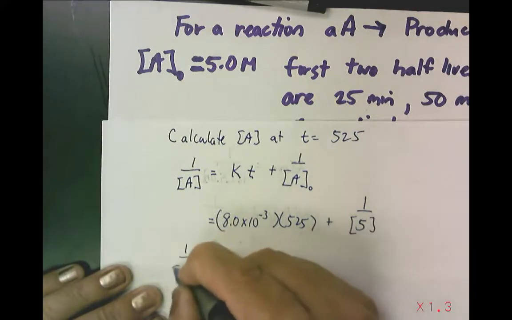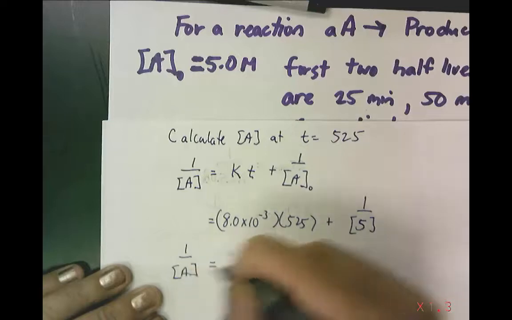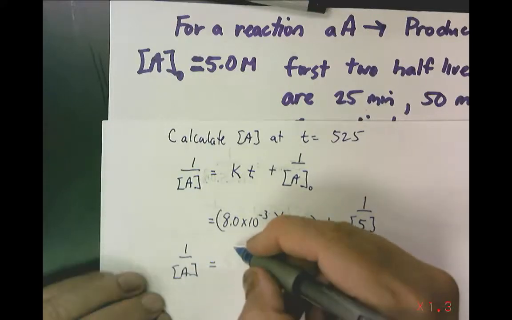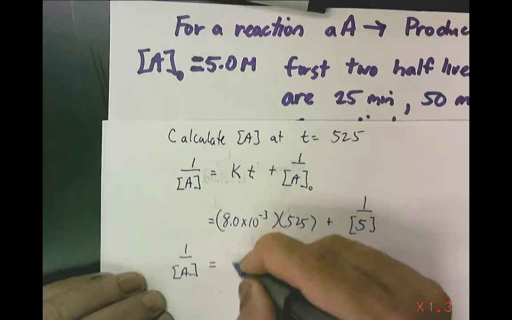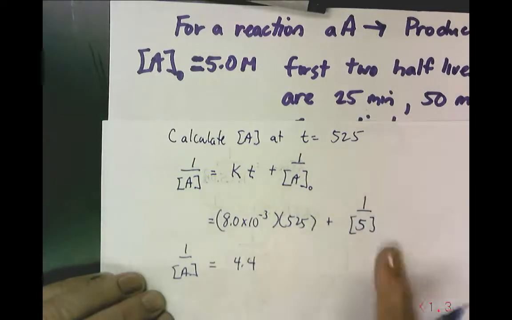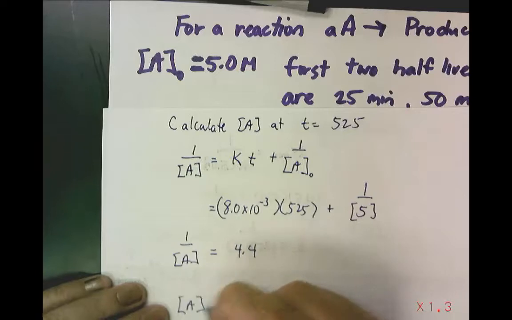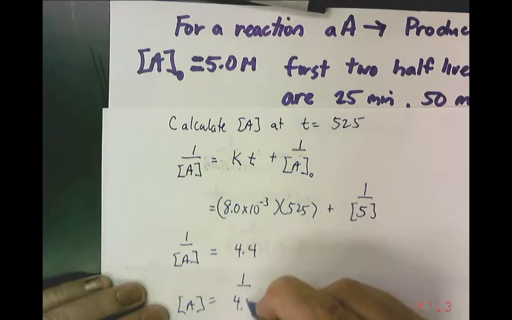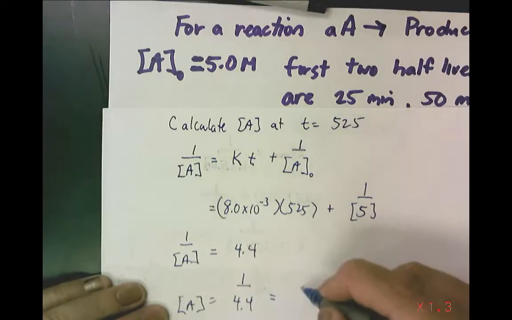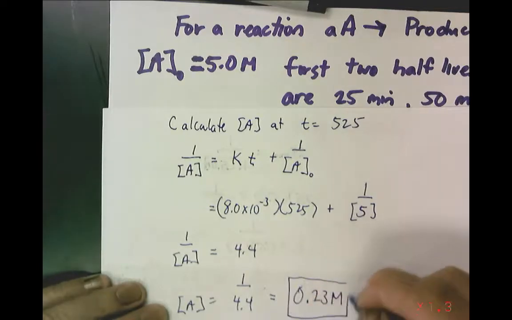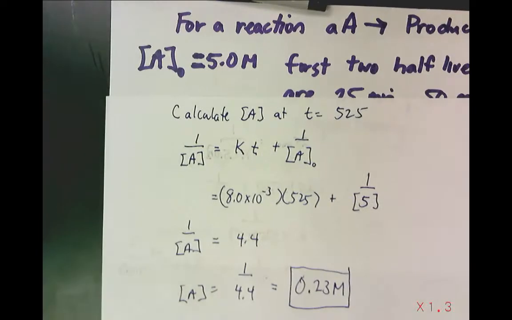So this is 1 over A equals, let's see, I believe that is 4.4 when you add them all together. We want just A, so our final answer should be approximately that concentration. Okay, and that's how you solve that exercise.